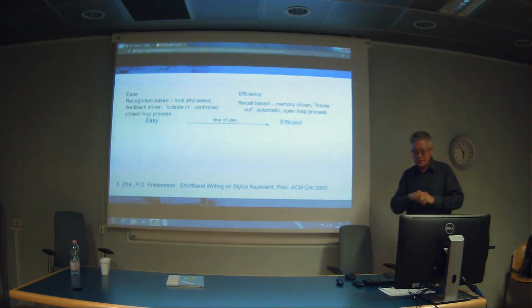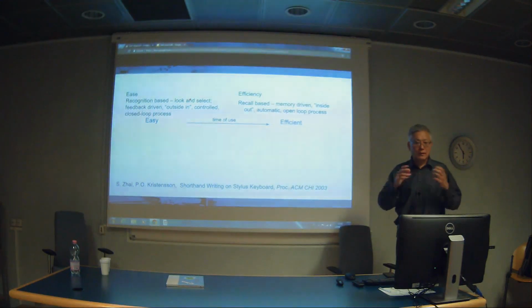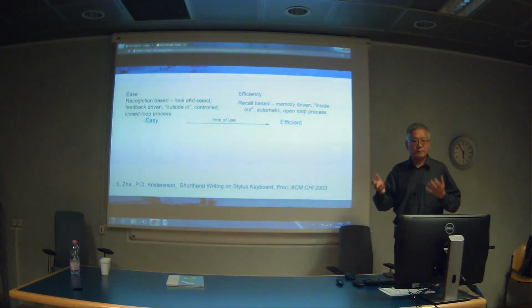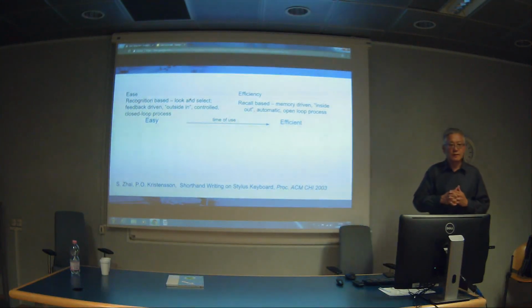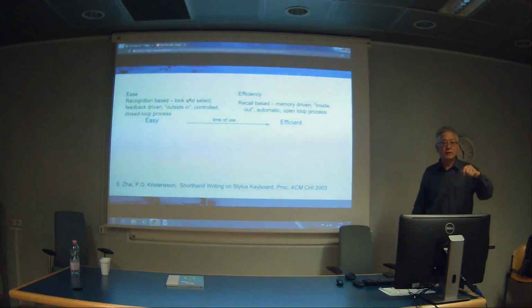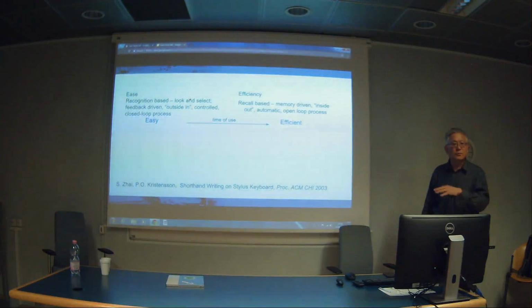But user interfaces, since the desktop PC, were more about recognition. It's more about look and hunt and click. So for example, the typical design of graphical user interfaces is that you click on a menu, you see what's available, and then you click again, you drill down, you use a navigation model, which tends to be quite slow.